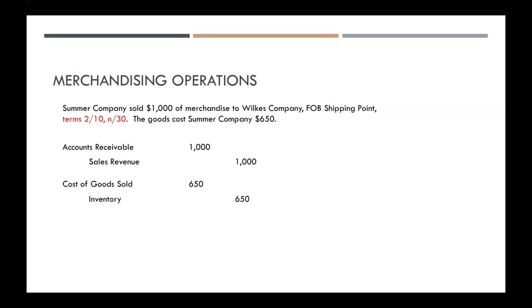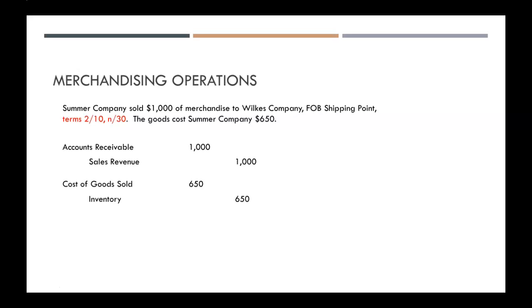And then this next point, terms 2/10 net 30. So we said earlier that that was the key that told us that it was on account. Now why? Well, if we break out this little phrase here, what this is saying is that if Wilkes Company pays within 10 days, they get a 2% discount, right?